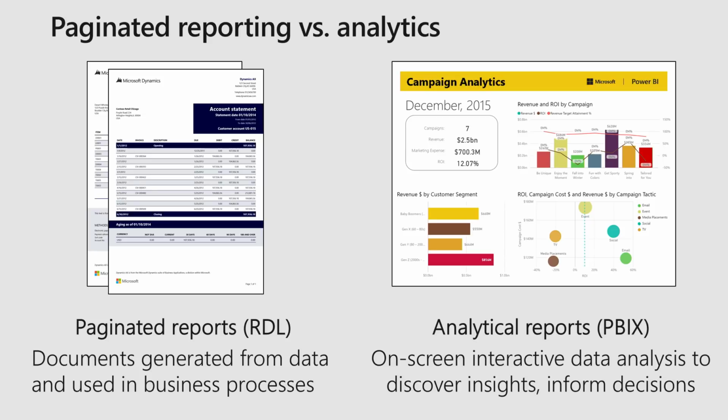You will play with the data until you arrive at a conclusion. You might share it with somebody. And often these types of reports are transient. They won't live there forever. You might have them published for a few months, and you might iterate on them quite a few times. That's quite different to an operational report, which we have on the left, which is a fixed format, and it might be produced quite regularly on a weekly basis or on a monthly basis. And financial reports especially are a good example of that.